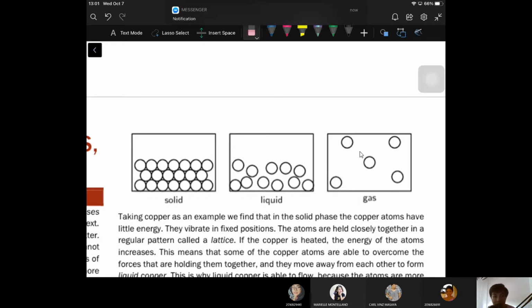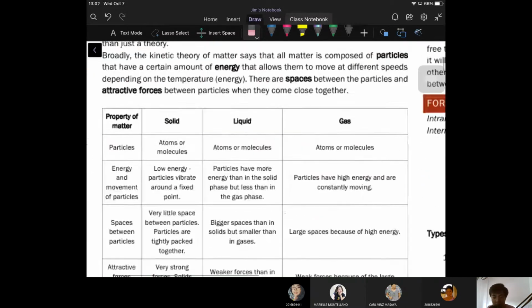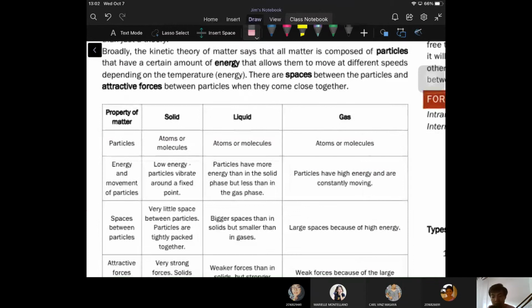So, pag bumabagal ang kanyang kilos, the particles will clump together to form liquids and eventually solids, no? So, ganun lang yung idea ng phase changes natin, no? Yun yung kinetic molecular theory of matter. So yan, the faster the particle becomes, the more distant they are to one another, then magkakaroon tayo ng liquids or gases.